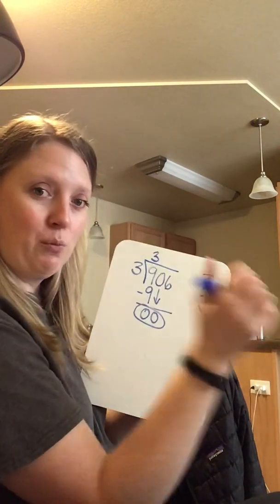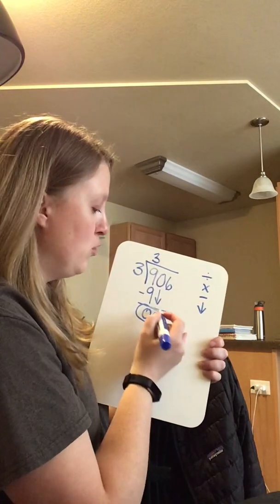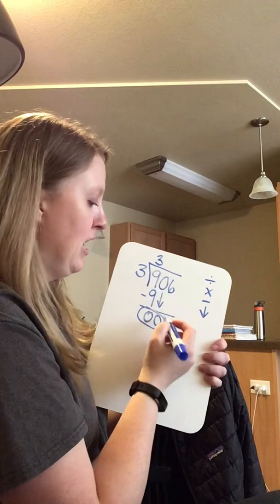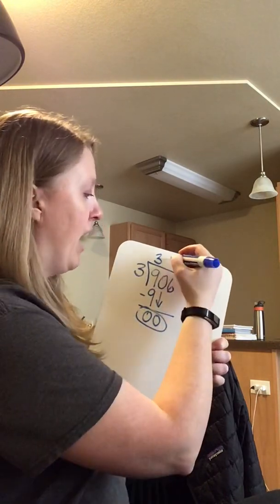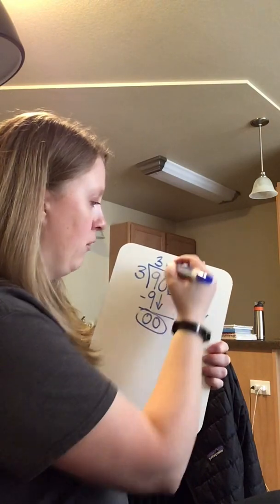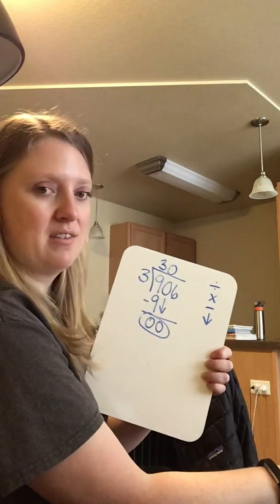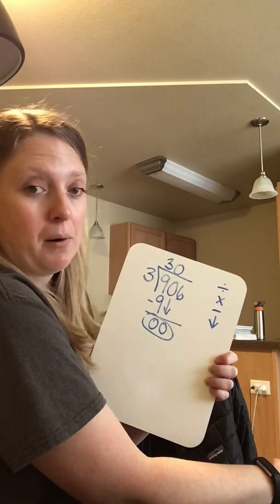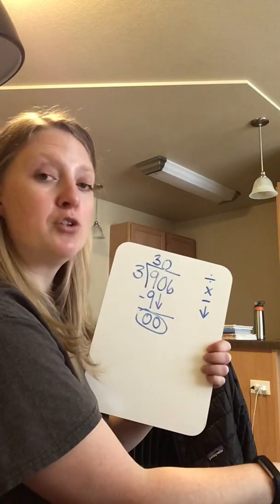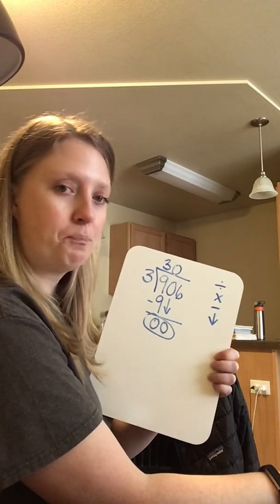So here's what some of you were forgetting. When you can't do that, just like before, if you can't do it up here, if you can't do it down here, you have to put a 0 in that spot. 3 can go into 0 0 times, because 3 times 0 is 0, okay? So you have to remember to put that 0 in there or it totally messes up your answer.